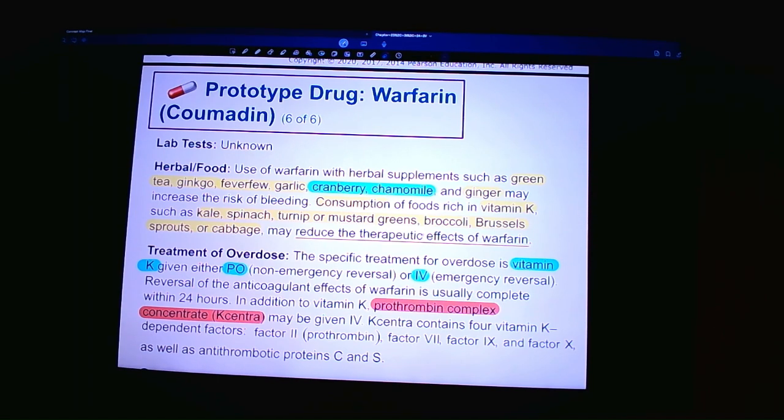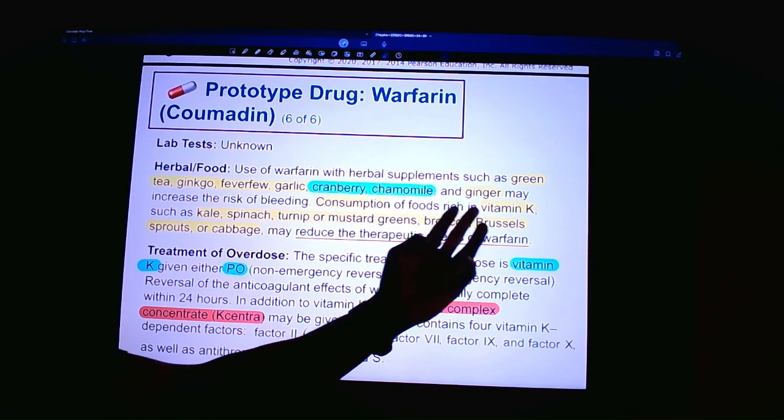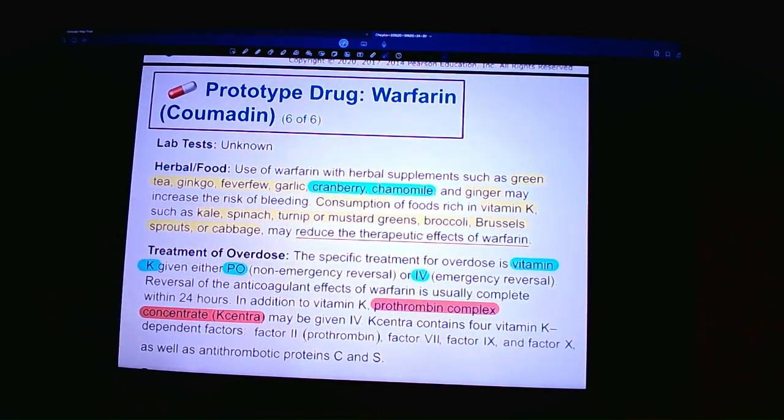If the patient is getting this vitamin K antagonist activity, what would you probably want the patient to avoid? Perhaps foods that are very rich in vitamin K, or at times that could actually be preferred. It's case by case, depending on how badly the patient needs the blood thinner to have its full effect.